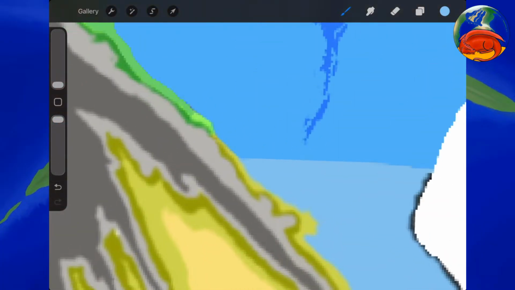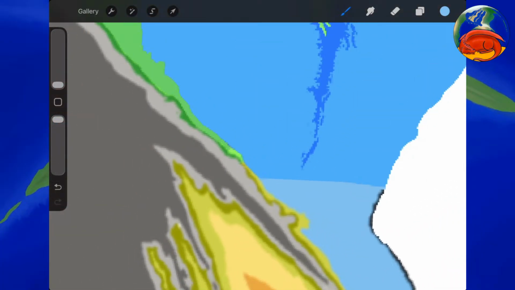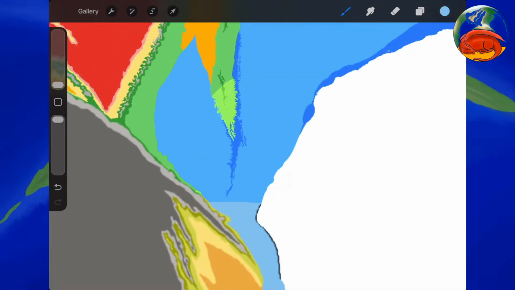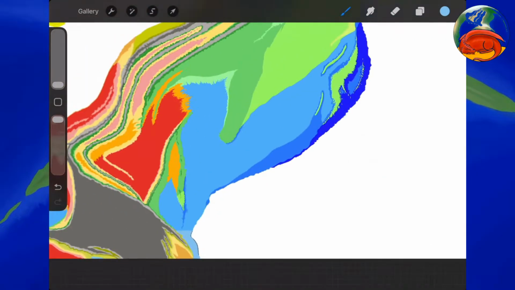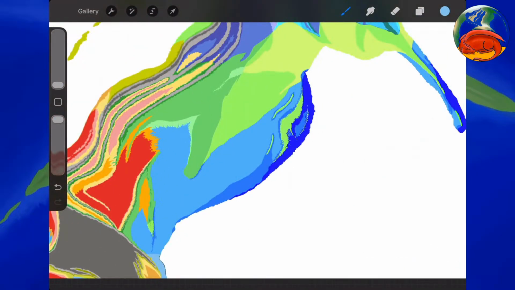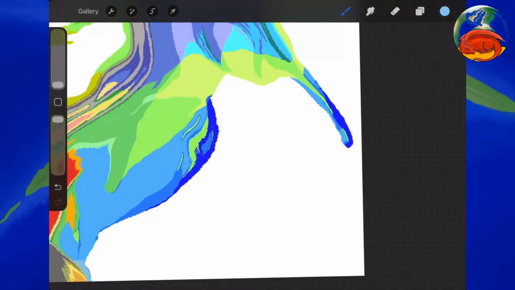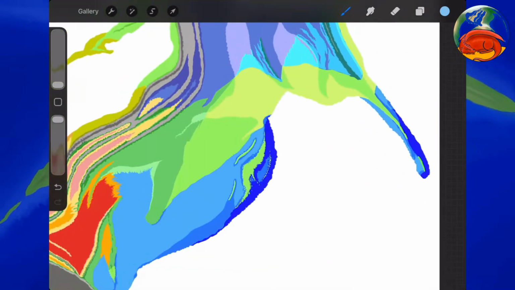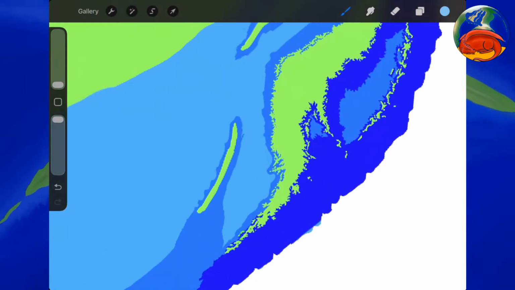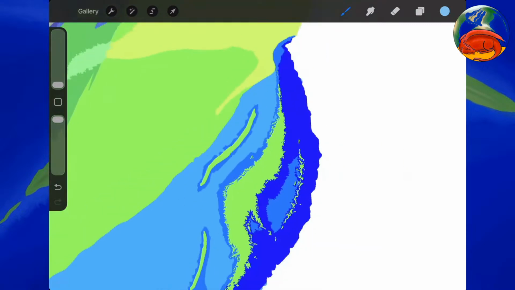Yeah, the transition between these two can be quite small. That's okay. I'm going to do this quick and then finish this and that if I have time.